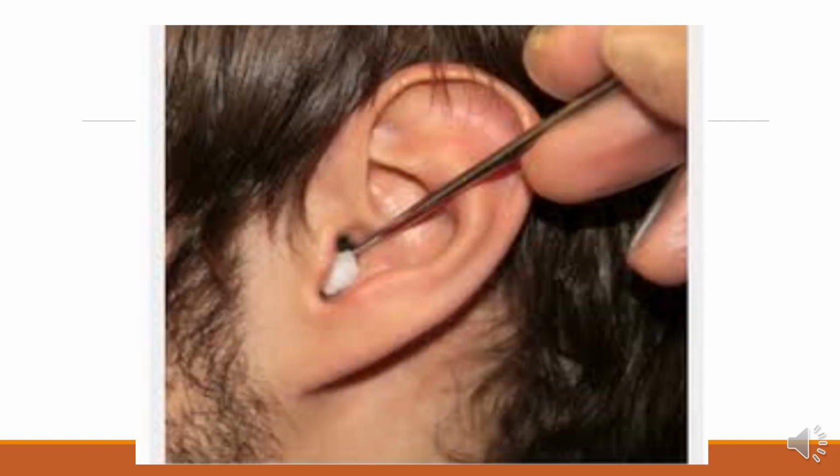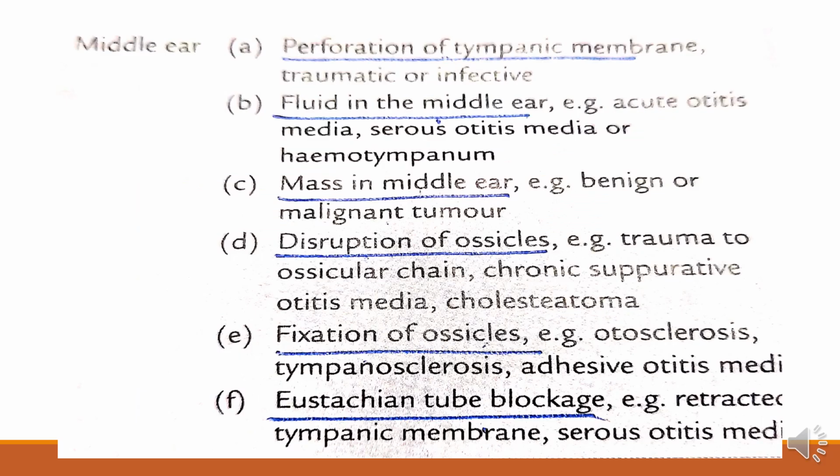This is a foreign body, most likely a piece of cotton in external auditory canal. Okay, it's most likely a piece of cotton which has been removed as a foreign body from external auditory canal.